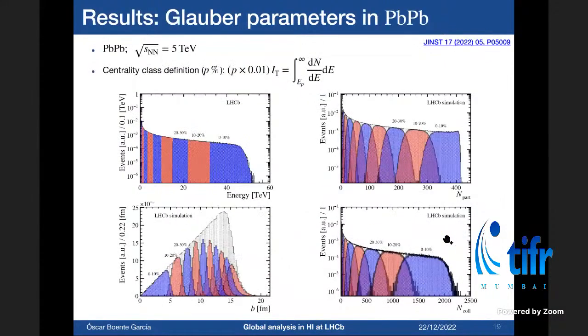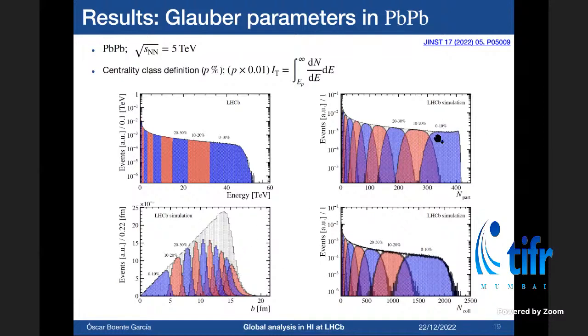And finally, when we have these distributions, we can segment our energy in centrality classes and then go to our Glauber model and compute the value of N_part, N_coll, and b for each of these segmentations, let's say. And this is what you have here.